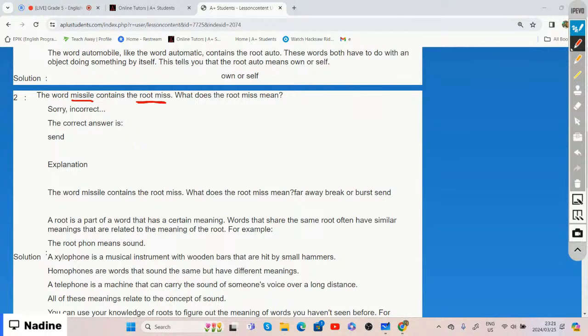So what do you think the word miss means? Or let's say, what does the Greek or Latin root miss mean? Or what does missile specifically mean? What do you think missile means? Or where have you heard the word missile? Where do they use missiles?